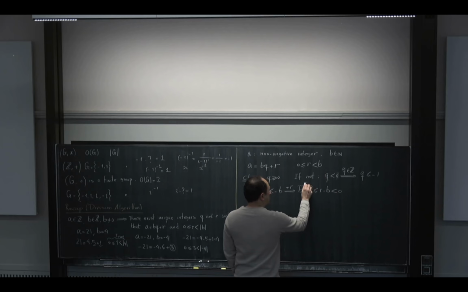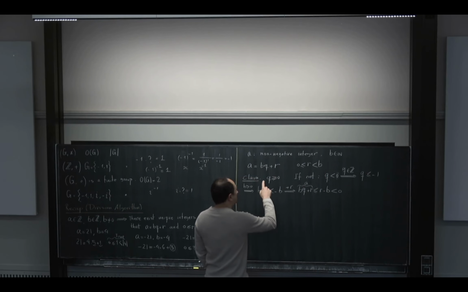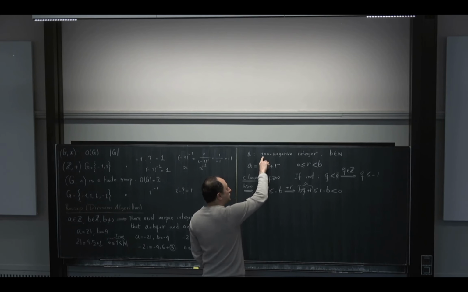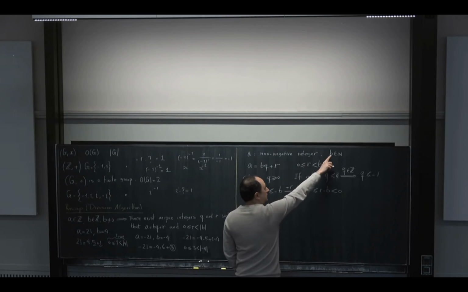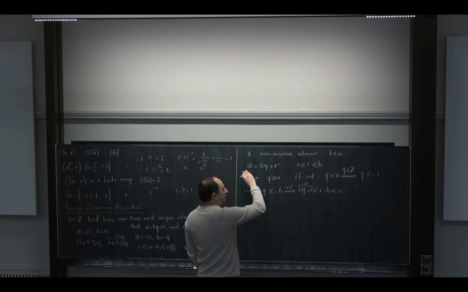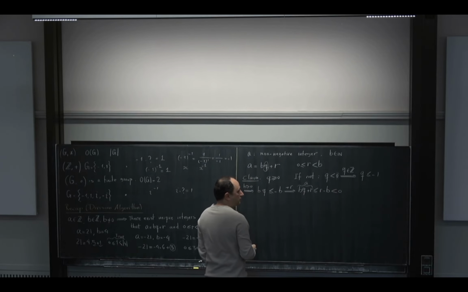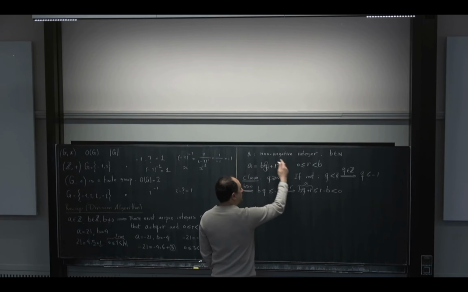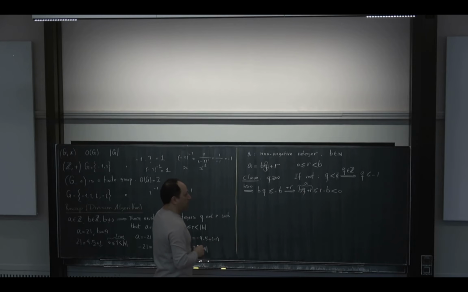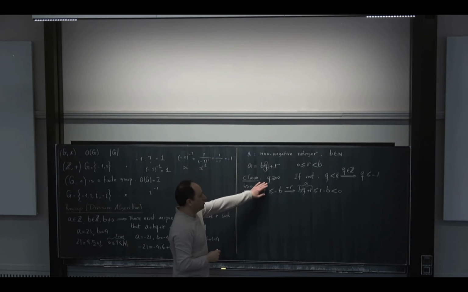Because this is A. So in this particular case, if I choose a non-negative integer A, and I choose a positive natural number B, and I write the division algorithm, this is also guaranteed that this Q is non-negative. Because if Q is negative, I will have the contradiction that A is negative, but this is against my assumption. So this means that Q should be greater than or equal to 0.